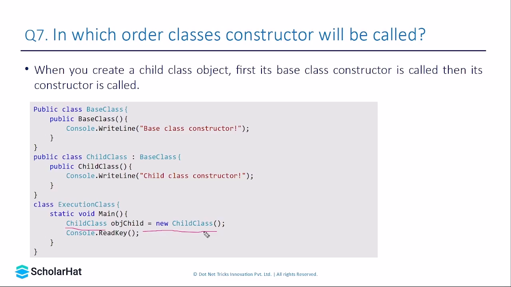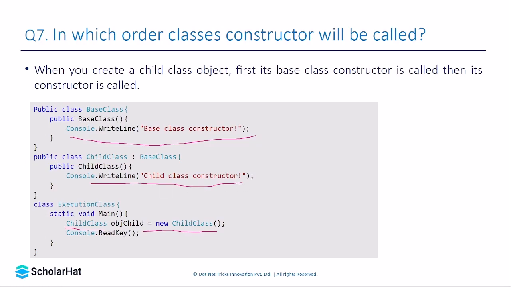So when the compiler reaches this particular line of code, it will first of all execute the base class constructor, and in the first statement, this line will be printed in the console because it is printed in the base class. Then it will execute the child class constructor, and the statement will be printed as this one.